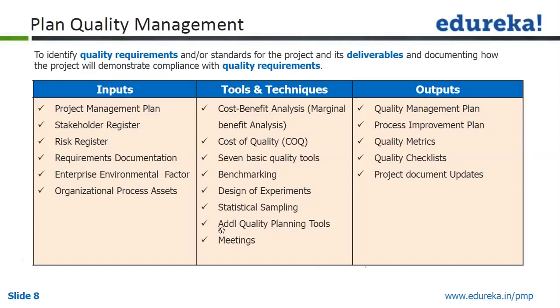Whatever quality requirements are identified will be part of your quality management plan. It will also document how we'll demonstrate compliance with quality requirements, meaning which tools and techniques will be used in the subsequent perform quality assurance and control quality processes.